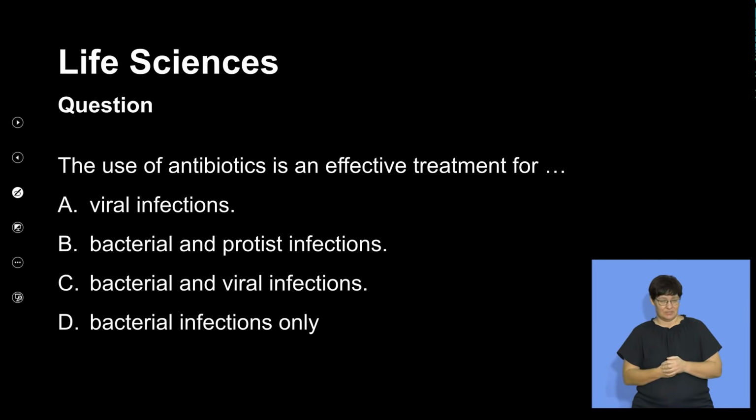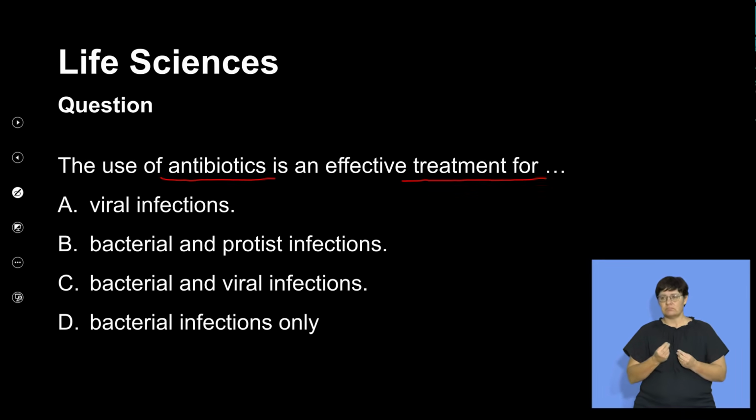The answers are there, so it takes a little bit of pressure off. Our question is, the use of antibiotics, remember that's what we looked at today, one of our biotechnologies, is an effective treatment for. And now it gives us a whole variety of answers. The first one, viral infection.